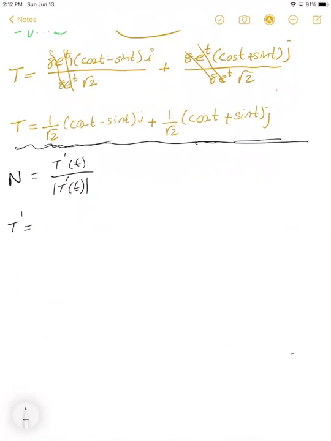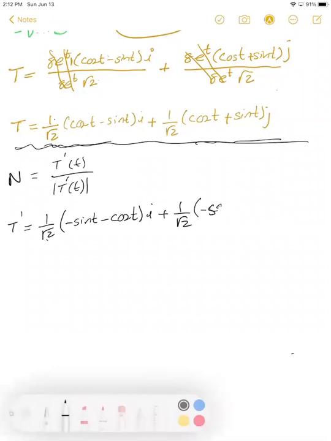So T prime is equal to, for the derivative of this, I just leave the coefficient, and then I find the derivative of cosine, which is negative sine. The derivative of sine is just cosine. The same thing here, the derivative of cosine is negative sine. The derivative of sine is cosine.